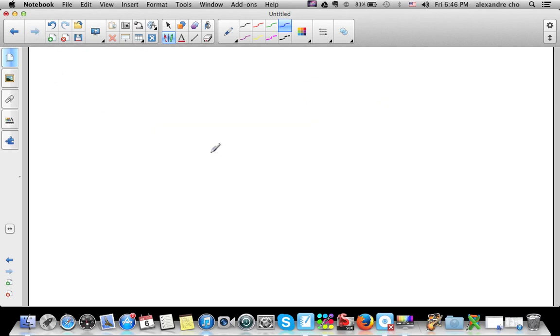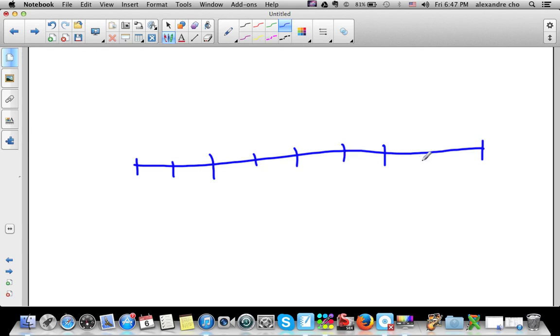Next, we have, ooh, this one's going to be a long one. All right, so we have a line, very crooked line. And let me count. 1, 2, 3, 4, 5, 6, 7, 8. All right, so 4. Let's cut that in 4s and then cut that again. And now we have 8. And our X is right here. So this is 1/8.